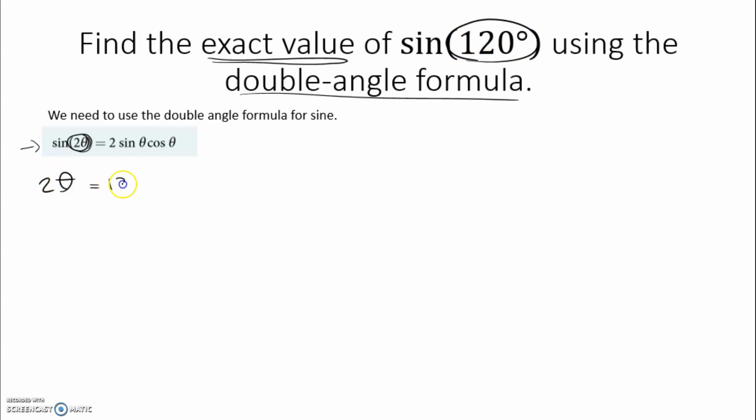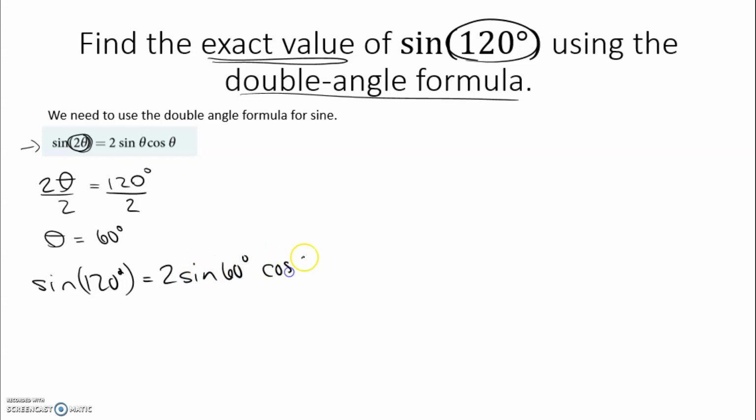So we're going to set them equal to each other and then solve for theta, so divide by 2. So theta is going to be 60. Okay, so sine of 120 is equal to 2 sine of 60 times cosine of 60.